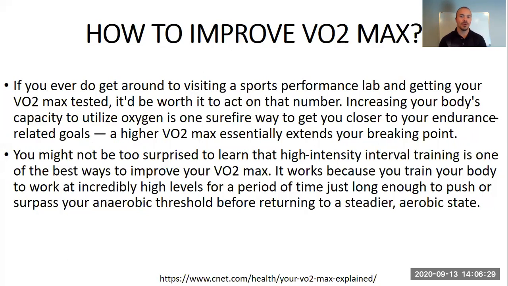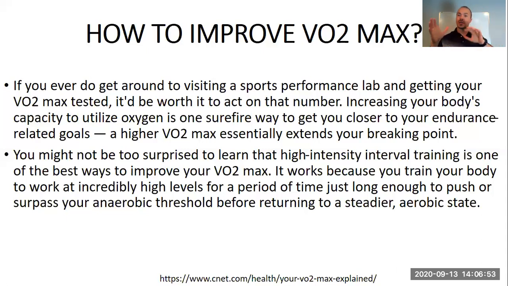one of the best things that you can do is interval training. And let's keep that in mind as we move throughout today's presentation, that interval training, which helps our bodies get to that redlining, higher end workload or intensity, is going to help raise our VO2 max.